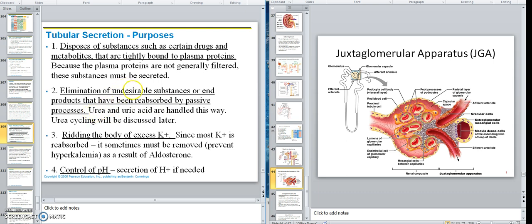So some things reabsorbed should not have gotten reabsorbed and must be kicked back out again. And then ridding the body of excess potassium. Since most potassium is reabsorbed, it sometimes must be removed. And also for things like control of pH, secreting acids, or secreting bases for that matter.